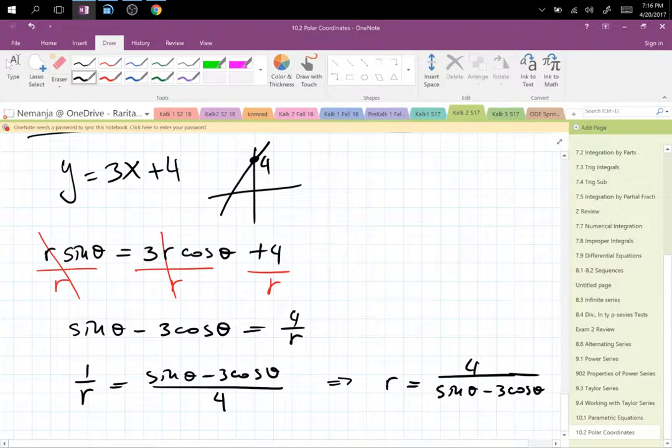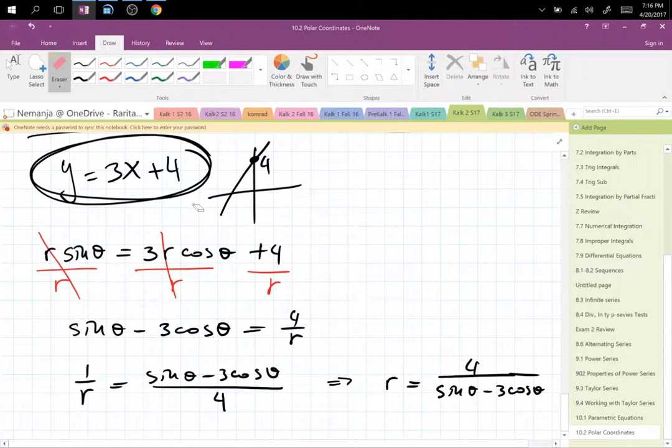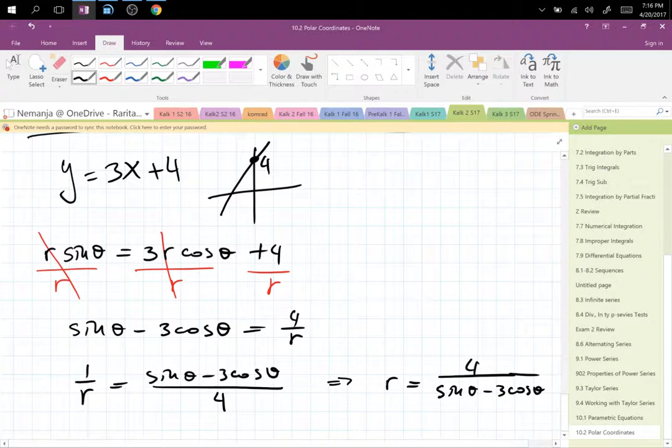Does that look nice? No. Because this looked nice in x and y. So this is what I was telling you. Whatever is beautiful in one domain is most likely going to be really disgusting in the other. These guys don't compete against each other to solve the same problems. They complement each other.